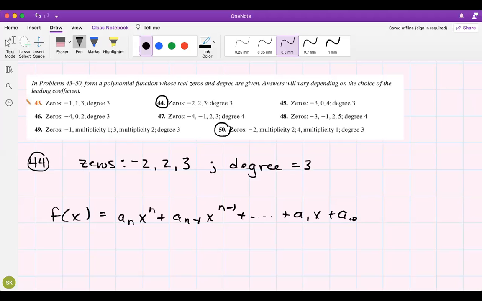In fact, some of the problems we've been looking at were in a factored form. And the factored form I'm going to go with is I'm going to put a number out here, which is actually going to be that leading coefficient, a_n. And then I'm going to do x minus one of the roots to a certain degree, then x minus another root, and x minus another root. So here, let me just write it like this.